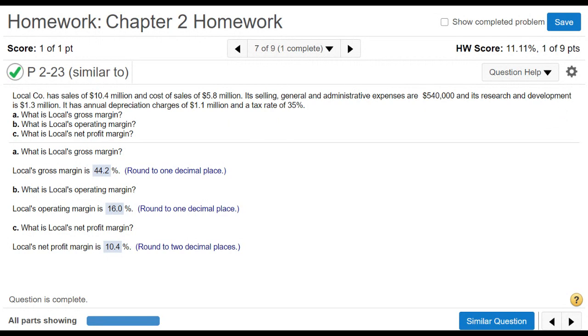So 0.35, you're converting this into a decimal. So 1 minus 0.35 equals 0.65. 0.65 times that number that we got when we made all those deductions. And then we divide it by 10.4, and then we multiply by 100.